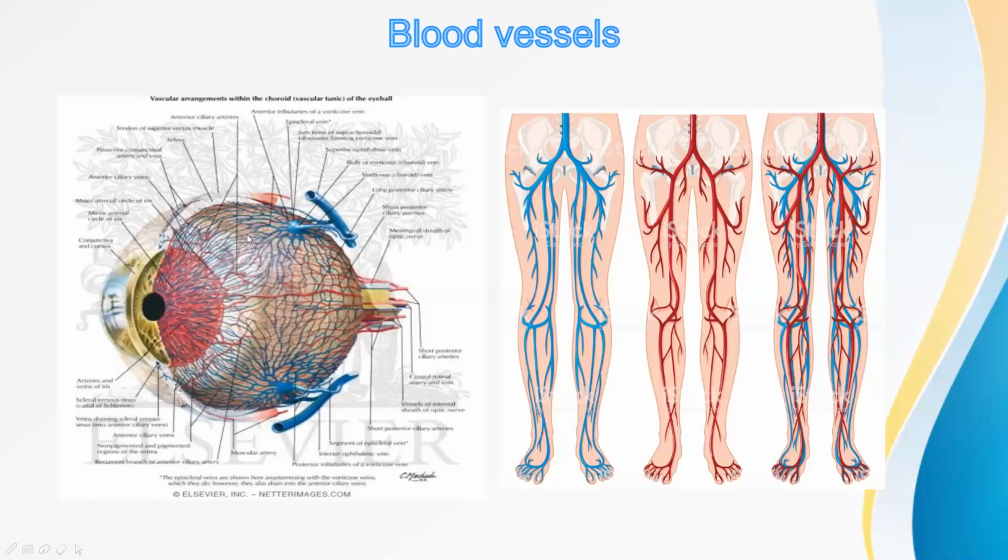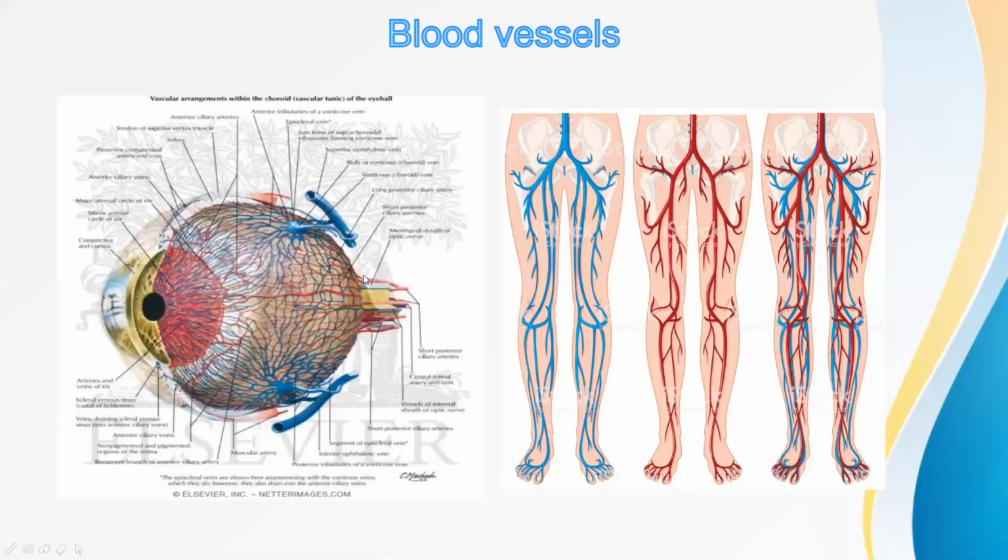And in the left hand picture, you are seeing in our eye how these 2 types of blood vessels are connected in our eyeball. So you have to remember the blood vessels are 3 types. One is arteries. Arteries always carry oxygen rich blood or oxygenated blood.